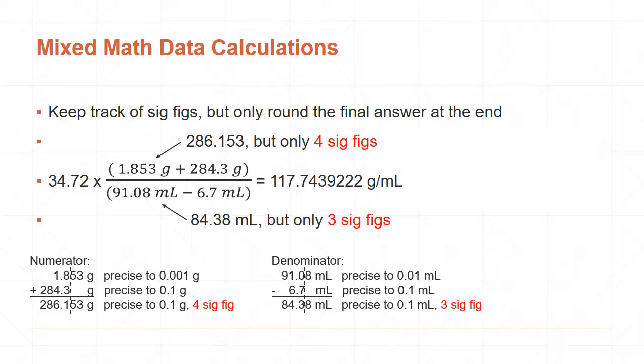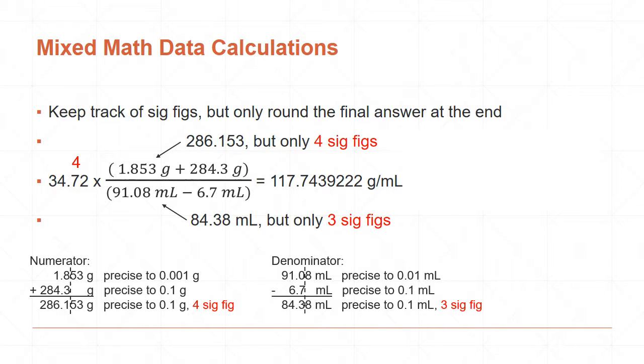At this point, because I've evaluated the additions and subtractions, all I have left is multiplication and division. So I need to just look at my least precise input and round my final answer to that number of sig figs. The number out front, of course, represents 4 sig figs, so my least precise input is that denominator with only 3 significant figures.